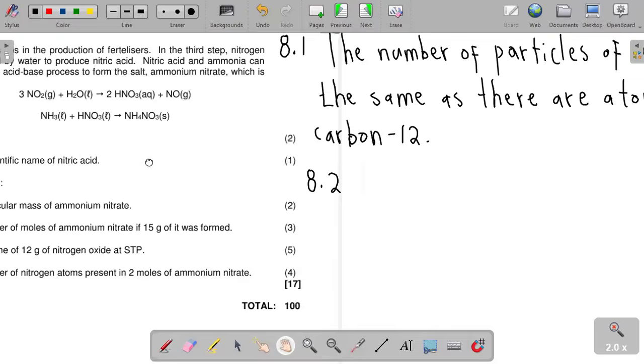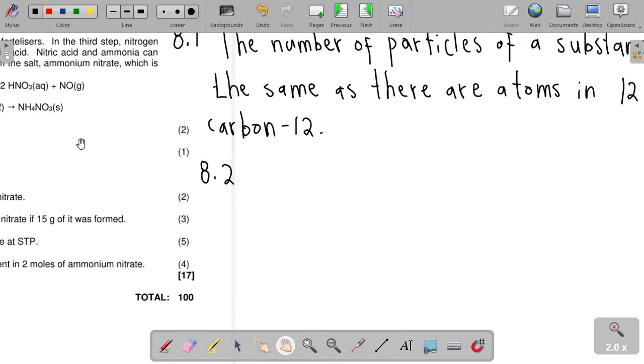So nitric acid is written HNO3. It has 2 parts here. There is H plus and then there is NO3 minus. These are the 2 ions that make up nitric acid. So this is a hydrogen ion, this is a nitrate ion.